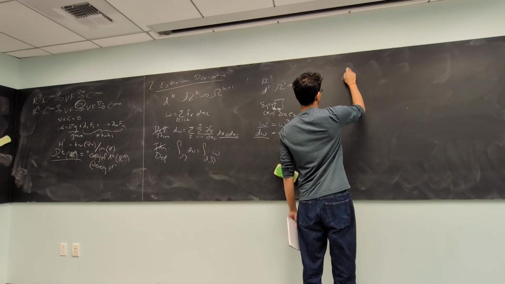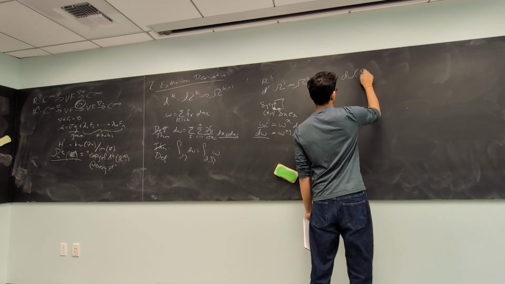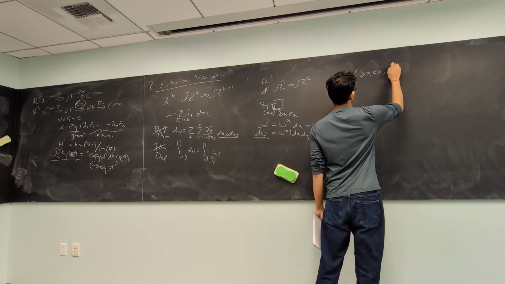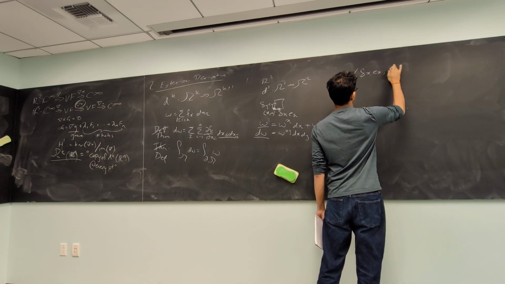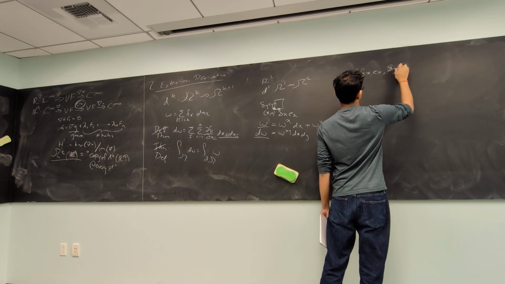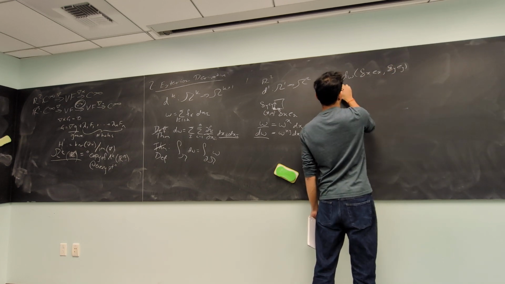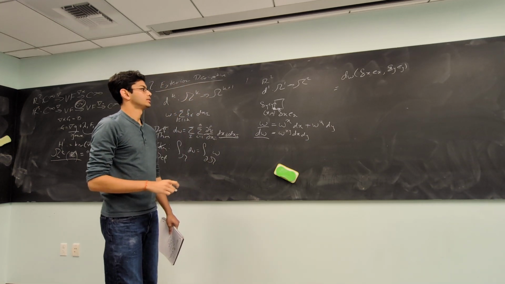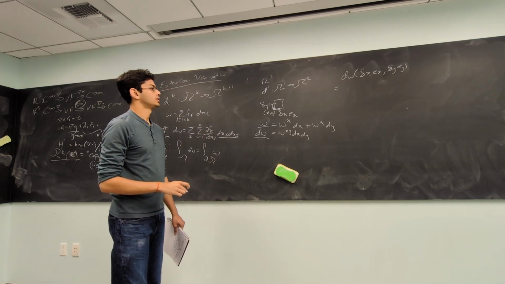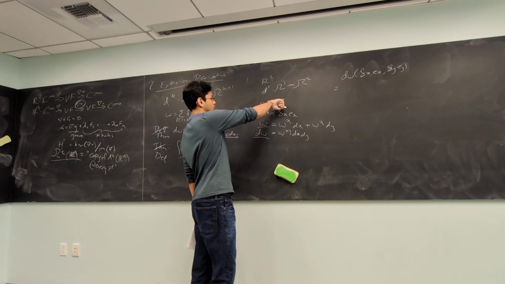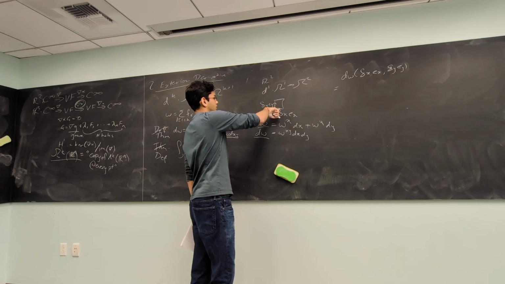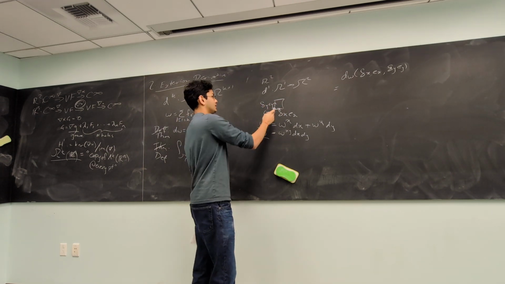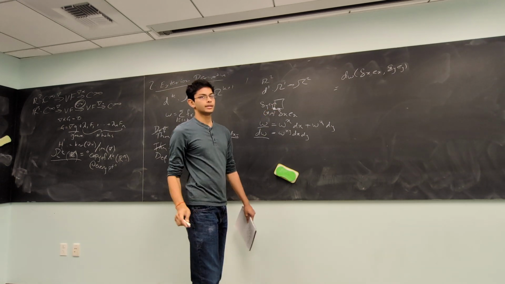So we have d omega evaluated on these two vectors. Yeah, the integral over this square of d omega is just going to be d omega evaluated at this bottom point, on these two vectors.